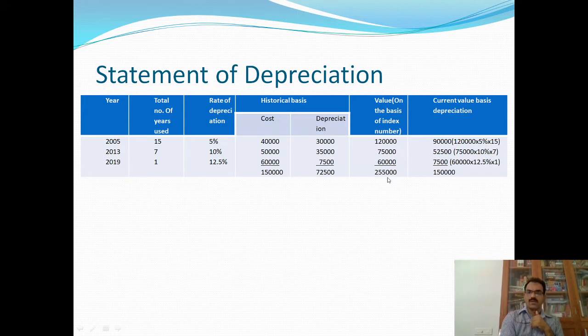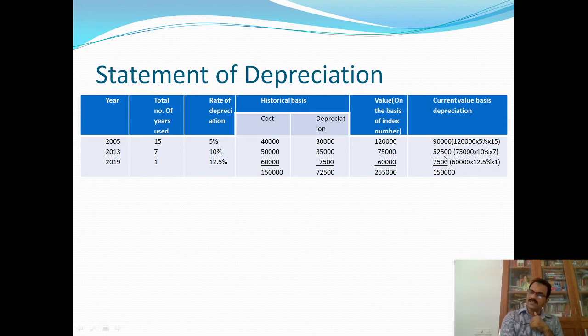Total will be 2,55,000. And depreciation based on current value method. Here 1,20,000 into 5% depreciation for 15 years is equal to 90,000. 75,000 into 10% into 7 years is equal to 52,500. 60,000 into 12.5% for 1 year is 7,500.